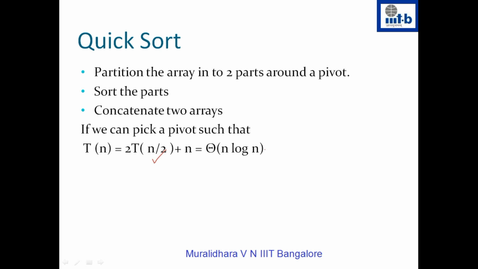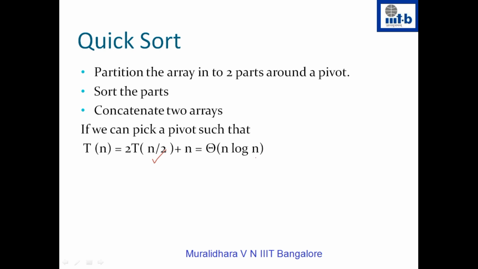But how do we find such a pivot which divides exactly into two parts? We are going to see that in the next couple of videos. It is possible to find such a pivot in deterministic linear time such that it divides exactly into two halves.